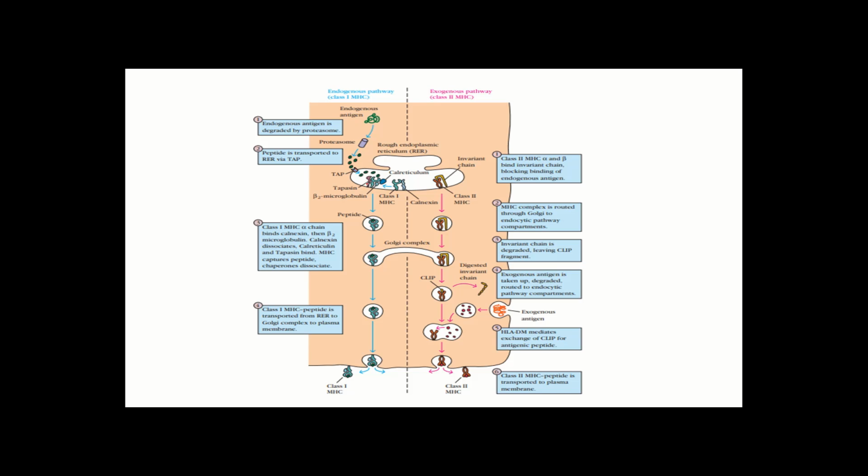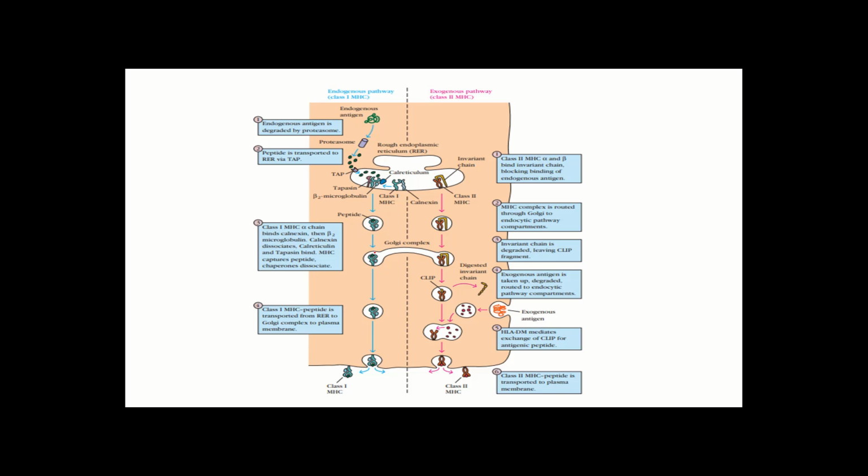Here the chaperones are calreticulin and tapasin. Before the transportation from ER to Golgi, tapasin and calreticulin will be dissociated. So only the MHC class 1, beta 2 microglobulin and the antigenic peptide will be there. They will be transported to the Golgi complex through this ER-Golgi vesicle.